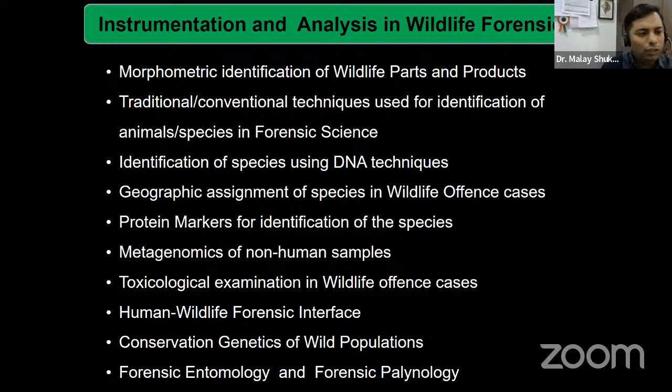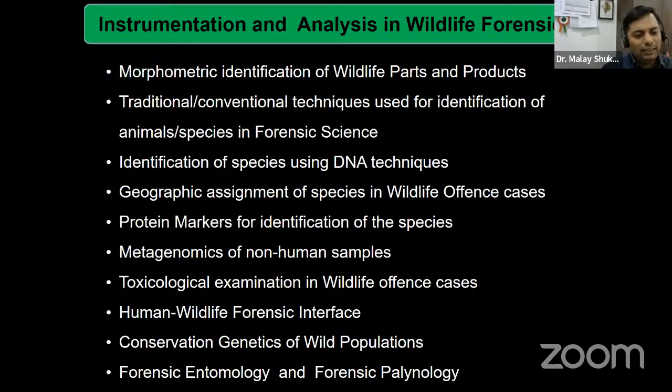That is what we do in forensics. So ultimately, when a crime is committed, the major thing that we need to establish is the triangle, the link between the suspect, the victim, and the scene of crime. If we are able to link these three together, we will be in a position to solve crimes in a far better way.